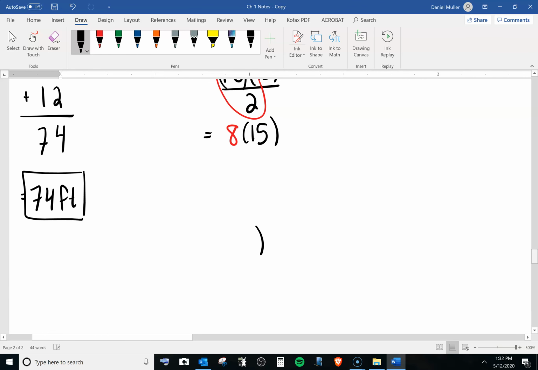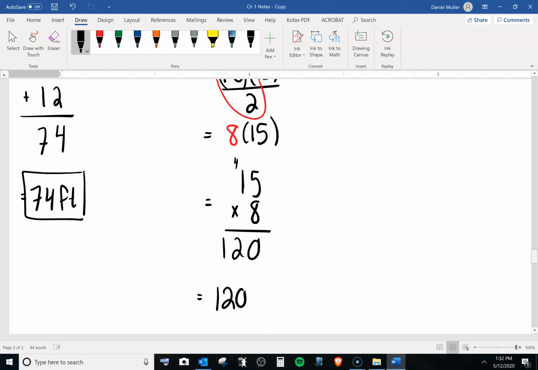And then I can write that vertically. So 15 times the 8, and 8 times 5 is 40, carry the 4, 8, 9, 10, 11, 12, 120. So the area here is 120 feet, and it is squared.